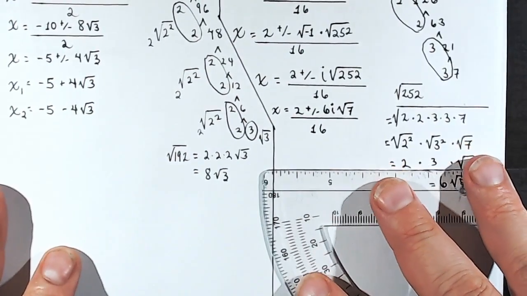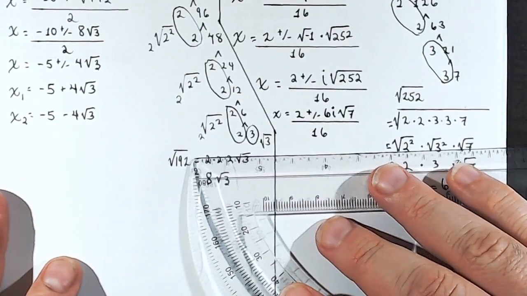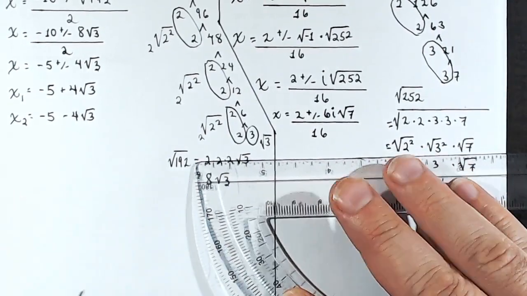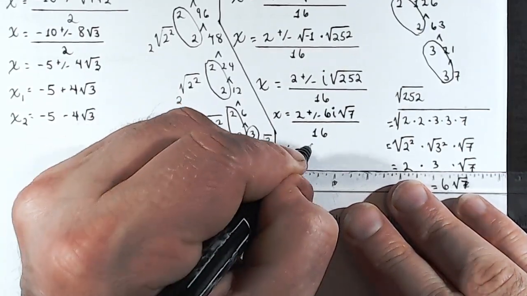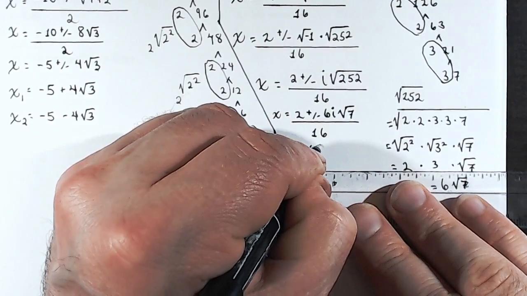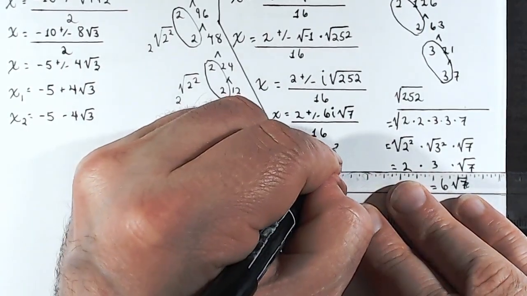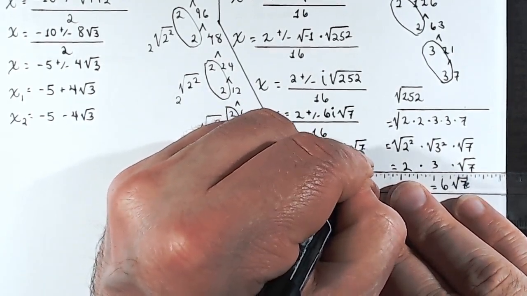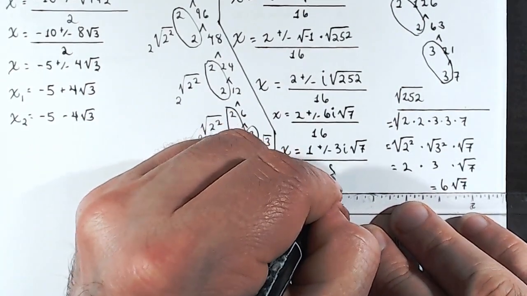Okay. And so we can again divide out a 2 from every single term because they're all even. So I can divide out a 2 from all terms and simplify further. 2 divided by 2 is 1, so this is 1 plus or minus 6 divided by 2 is 3, 3i square root 7, all over 16 divided by 2, which is 8.